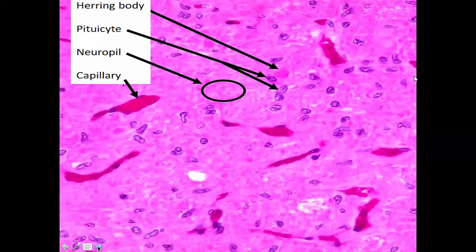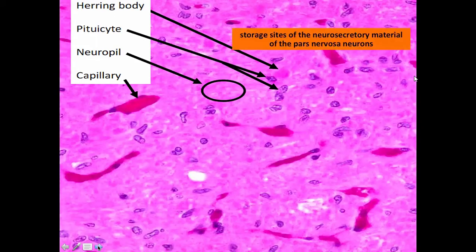Okay. So ano naman ang histologic component ng posterior pituitary gland? Okay. There are what we call pituicytes. The cells present in the posterior pituitary gland are pituicytes. Okay, mga pituicytes ang tawag sa kanila. Siyempre, marami ding blood vessels in the form of capillaries. And there are neural component called the neuropil, and there are Herring bodies present in the posterior pituitary gland.